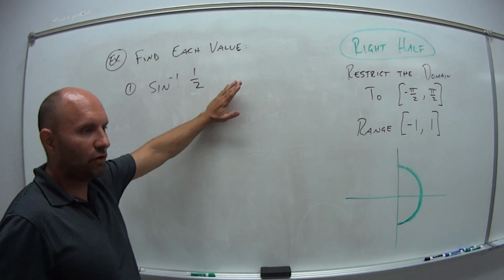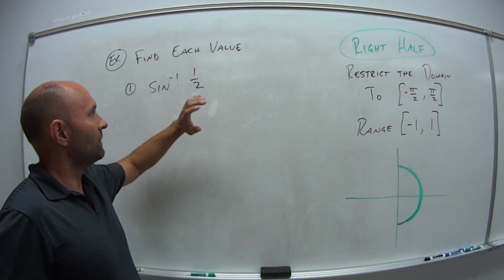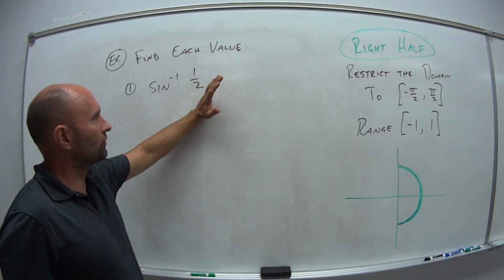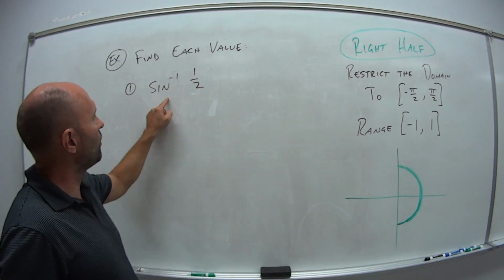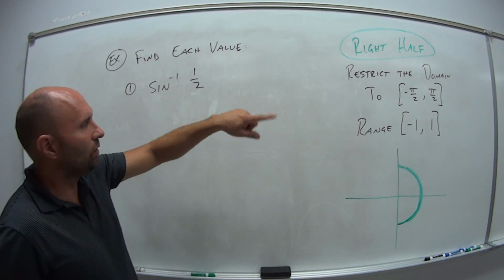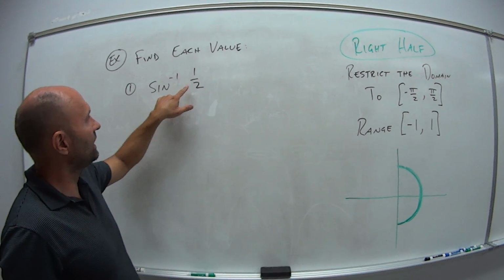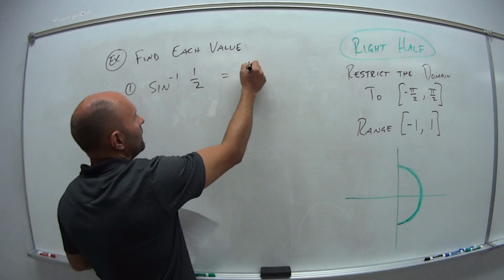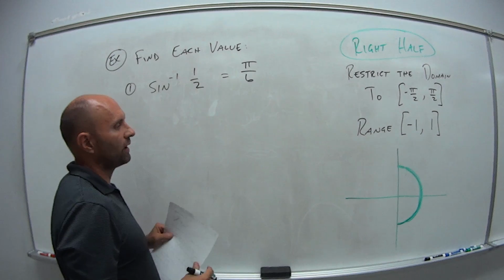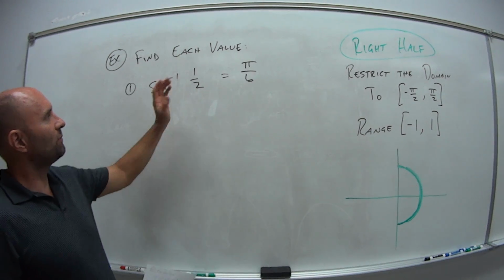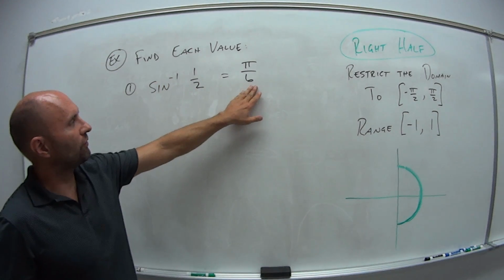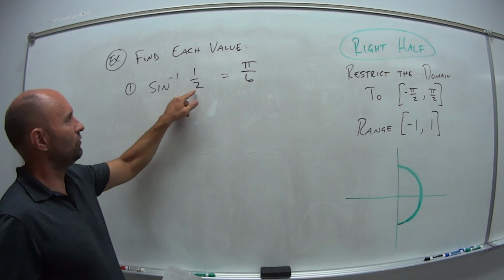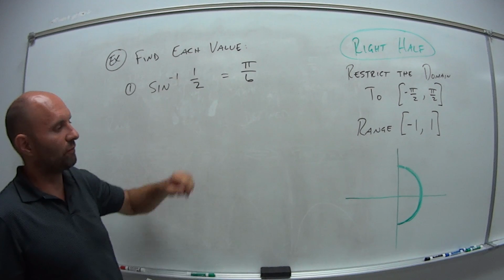You can go back to your handout from the first day. If you know them already, if you want to do the Pinterest trick, whatever works for you, that's fine. But we want to know on the right half of that unit circle, where is sine equal to 1/2? Well, that's pi over 6. So instead of me saying, what's sine of pi over 6? Oh, it's 1/2. I'm going the opposite way. I'm saying, how do I get to 1/2 if I'm taking the sine of some value?